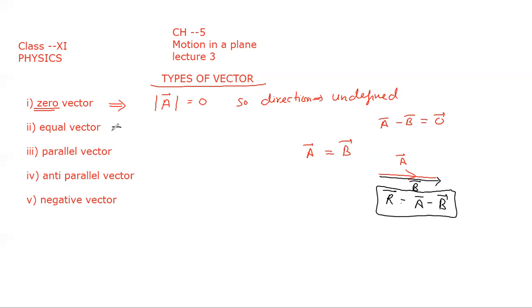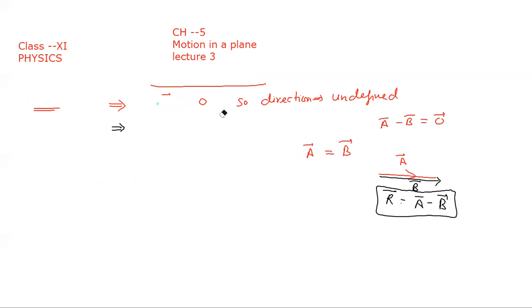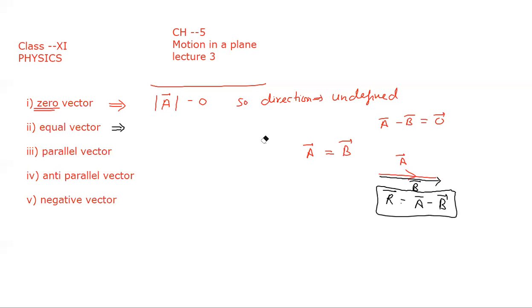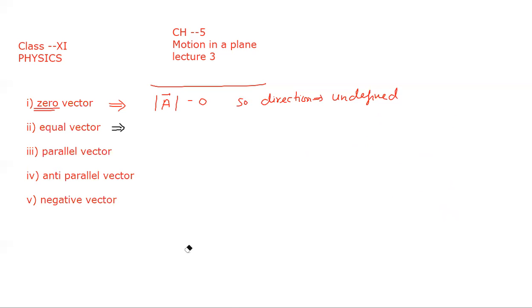Now, equal vector. What is an equal vector? If two vectors have the same direction and the same magnitude, then these two vectors are called equal vectors.